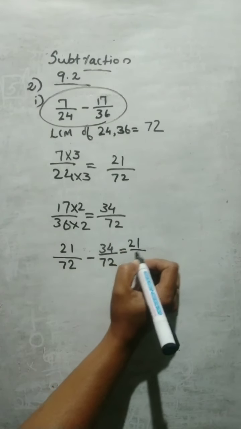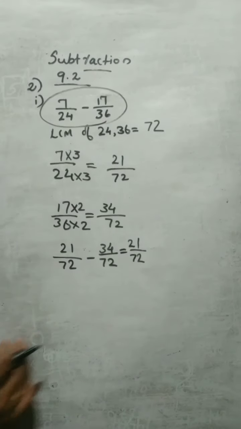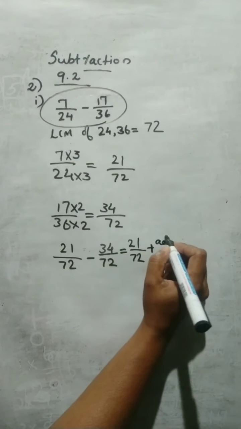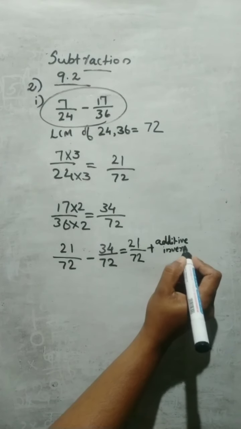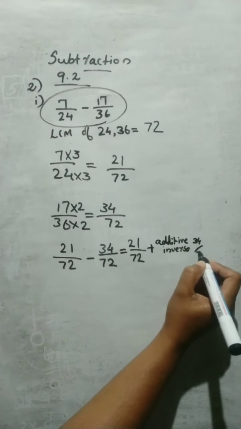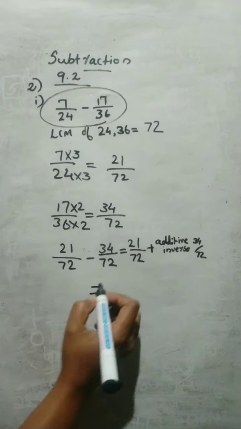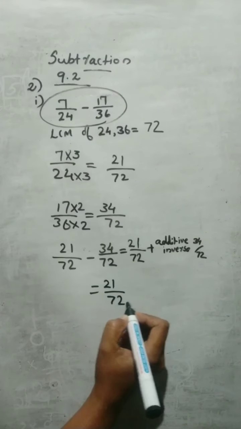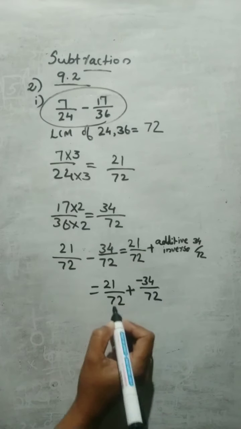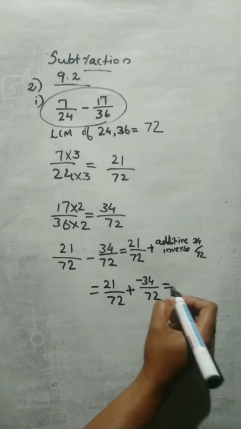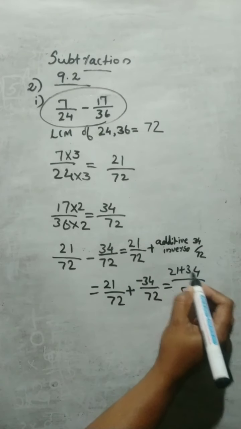Then 21/72, the fraction we have to subtract is 34/72. So 21 plus the additive inverse of 34/72. Here 34/72 is a positive rational number, so 21/72 plus negative 34/72. Same denominator 72, we can write this one here. Then 21 plus negative 34.